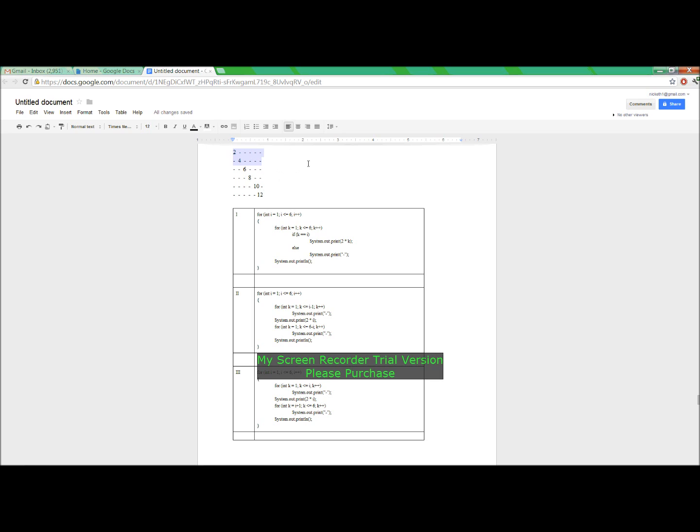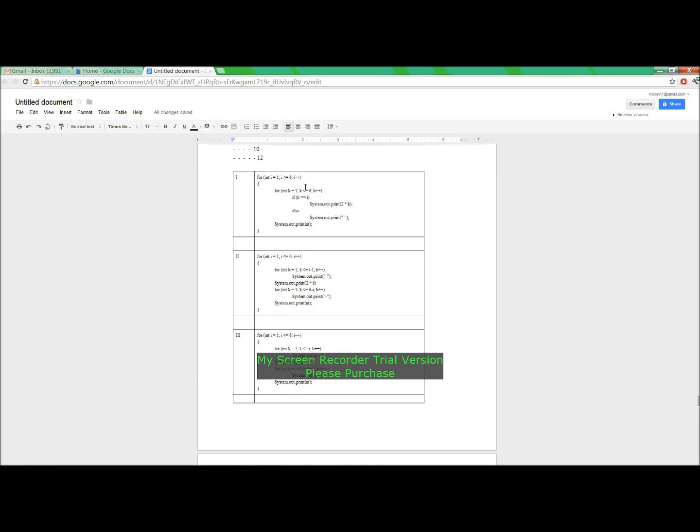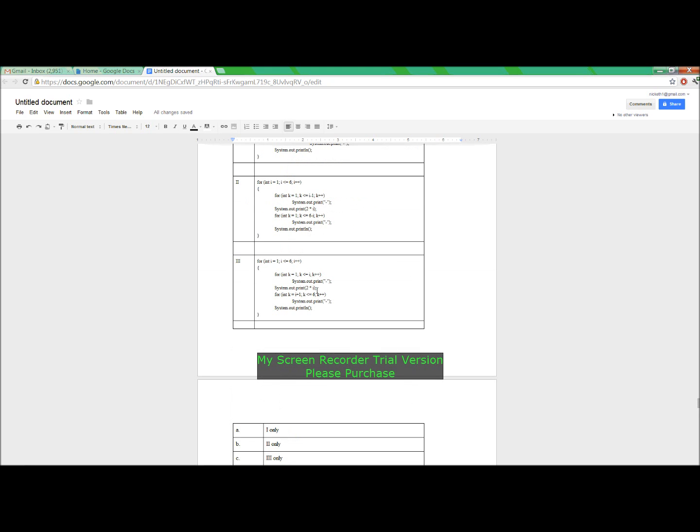So for this one, number 22, our options are 1, 2, 3, 1 and 2, and 1, 2, 3. So for this one, the answer is D, and the problem with 3 is that it ends up not printing enough dashes after.